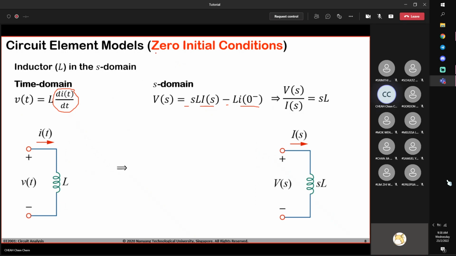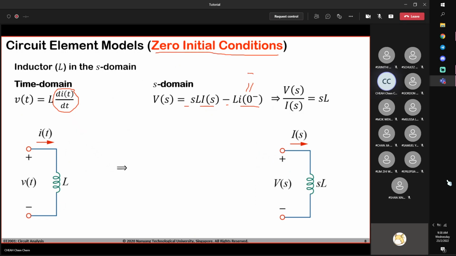Now let's start with zero initial condition, meaning that there's no initial storage. These are storage elements. You need to first supply them with energy, then you will be able to discharge it back to the circuit, even if there's no source.